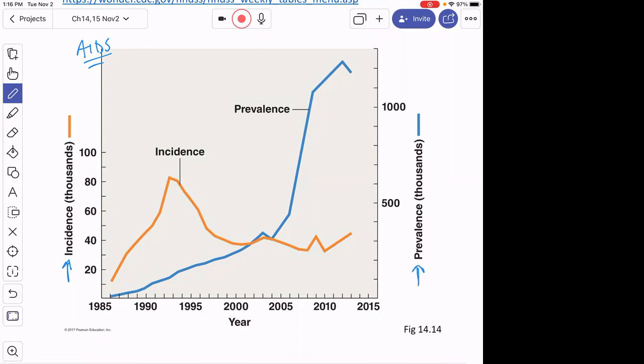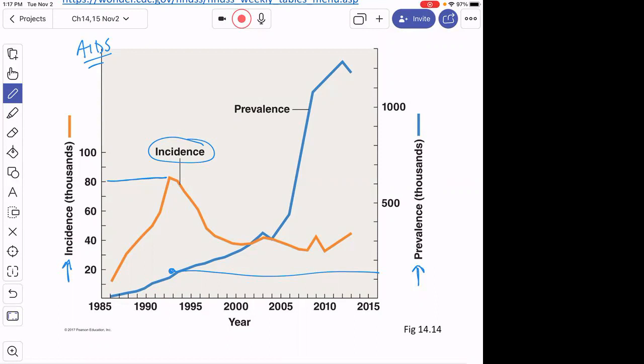So when you look at this graph, the incidence of AIDS, the number of new cases, peaked in the US somewhere around 1993, 1994. It peaked at about 80,000 cases in 1 year. The prevalence at that time, again, you've got to look at these units over here, was somewhere around 120,000. So again, it's confusing with the units there.